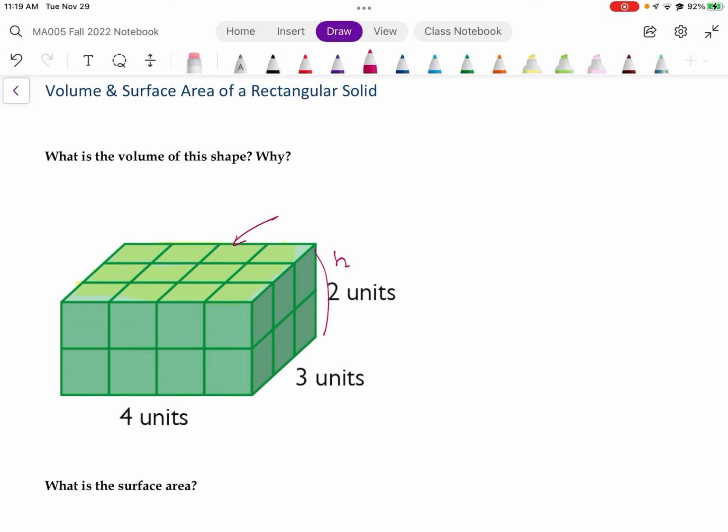So the area of this would be 3 times 4, which is 12, and the height is 2. So the volume then is going to be the area of the top or bottom times 2. So that's going to be 24. Okay, we're going to look at an actual formula for that, but I wanted you to understand where this is all coming from. All right, so getting rid of that, now let's talk about surface area.